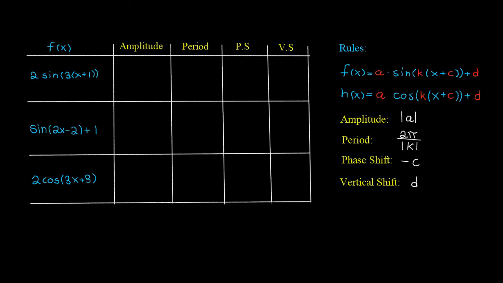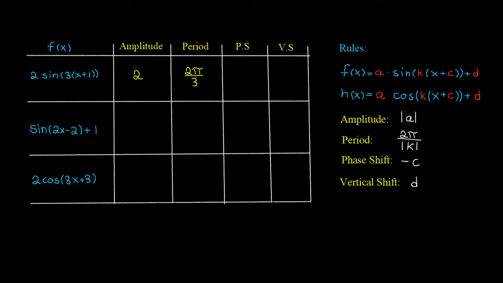So let's try to do the problems. Our first function is 2 sine of 3 times (x plus 1). If we use our rules, we can see that the amplitude is going to be 2, since that is the number in front of the trigonometric function, and the period is going to be 2 pi divided by the absolute value of k, and k in this case is 3, so the period is therefore going to be 2 pi divided by 3.